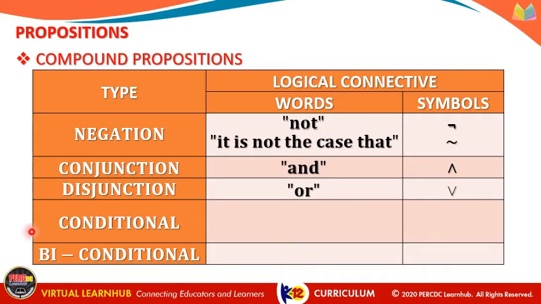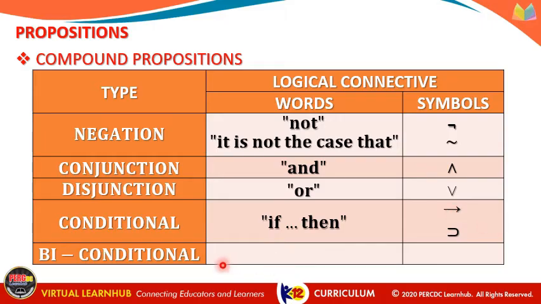Next, we have the conditional proposition. Conditional propositions are noticeable because of the words if and then. So let's say you encountered, if you have this, then this will happen. So once you read the word if, something, and then something, then what you have is a conditional proposition. The symbols used for conditional propositions are this one and this one. Most of the time, it's the single arrowhead.